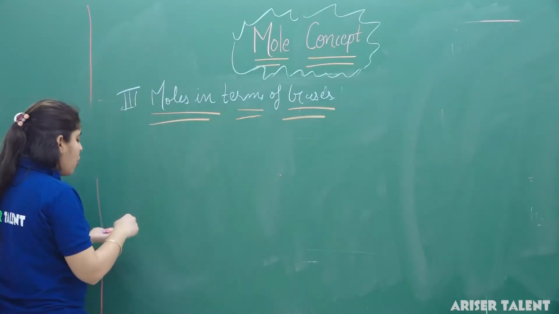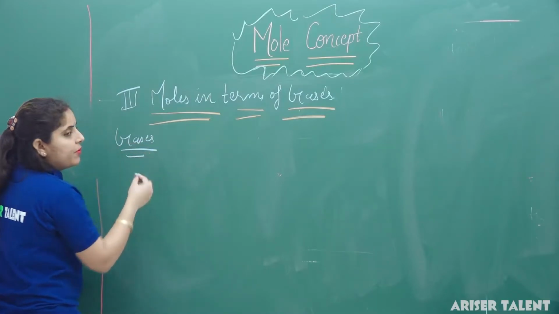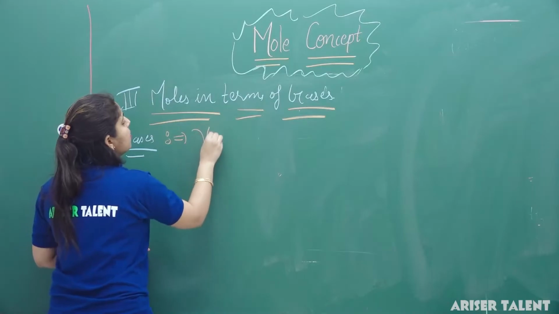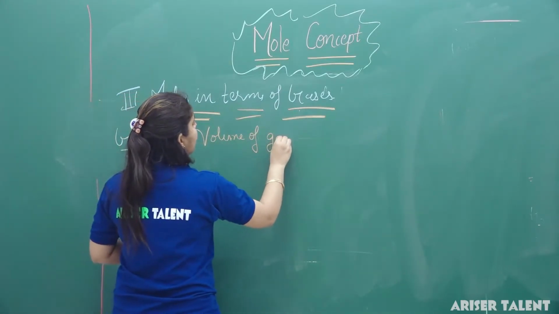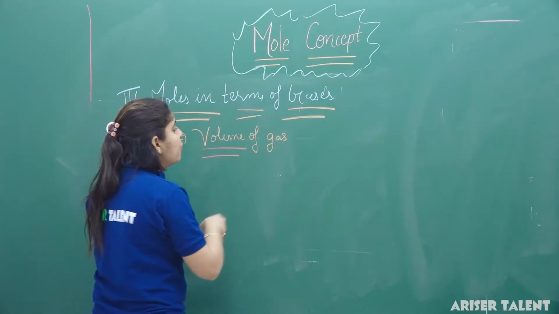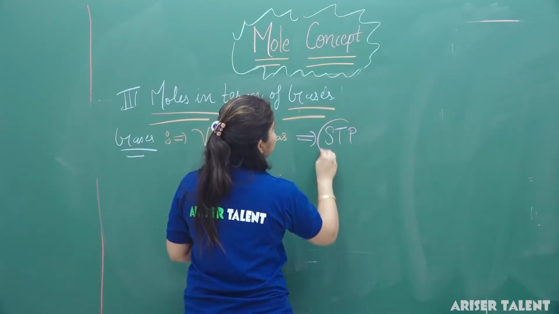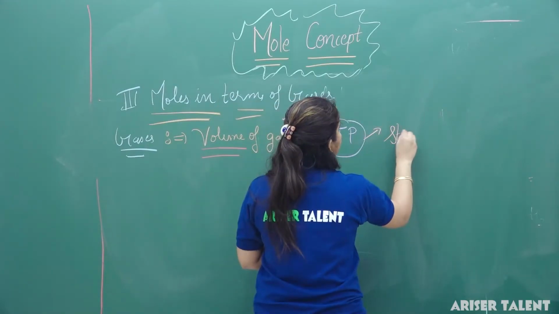So, if I talk about gases, we will not calculate the weight of the gases. Instead, we are concerned about the volume of gas. So, the volume of gas will be calculated at STP. STP here means standard temperature and pressure.